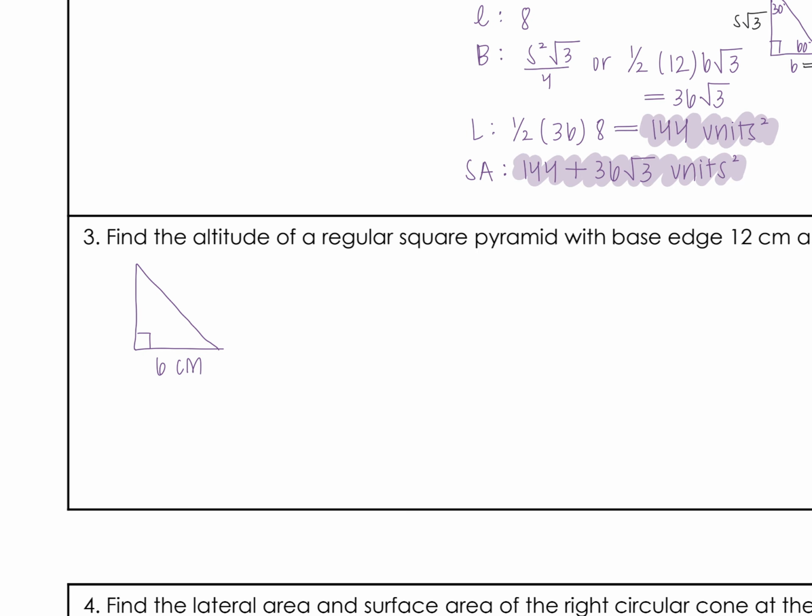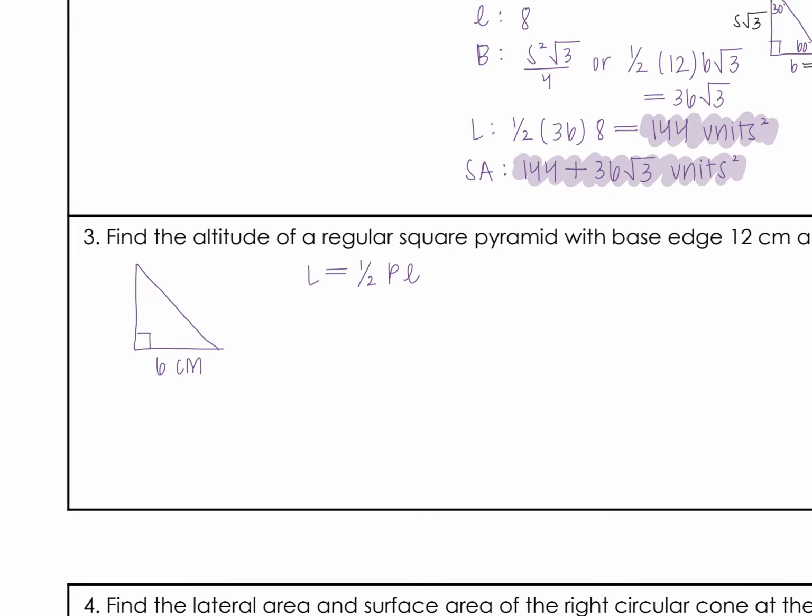And they give us a lateral area of 240. In order for me to find my altitude, I would probably need to know my slant height, which I don't know. But let's keep in mind that the lateral area formula is going to be equal to 1/2 my perimeter times my slant height.